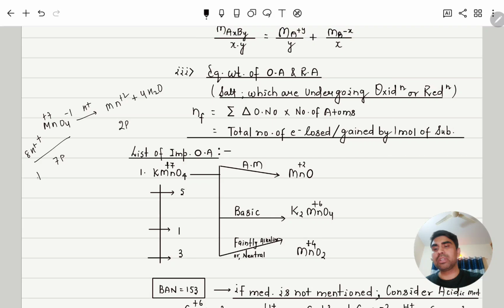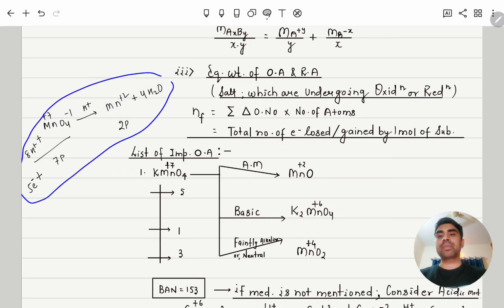So on this side I will add 5 electrons. Is that clear? Due to those 5 electrons, reduction is happening. And the N factor: change in oxidation number from +7 to +2 is 5, into how many atoms? This one, for which we are calculating, 1. So 5 into 1, its N factor is 5 in acidic medium.